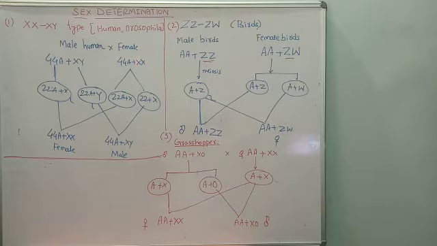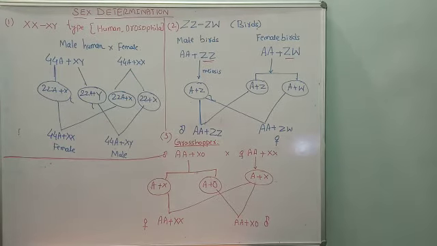Similarly, in the female, what happens? The female is homogametic. Homo means similar, so the female has XX type of chromosome. Male is heterogametic, female is homogametic. Here also 44 autosomes are present, and XX chromosomes.